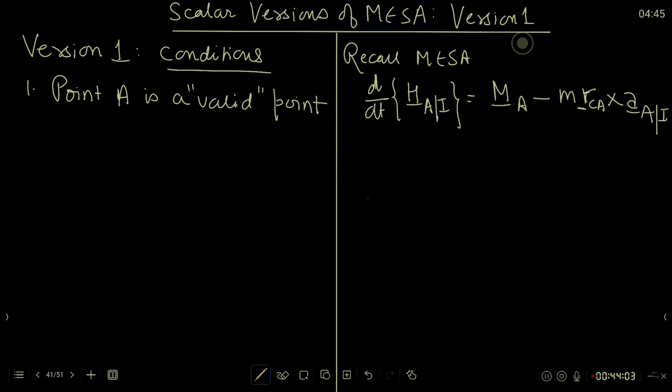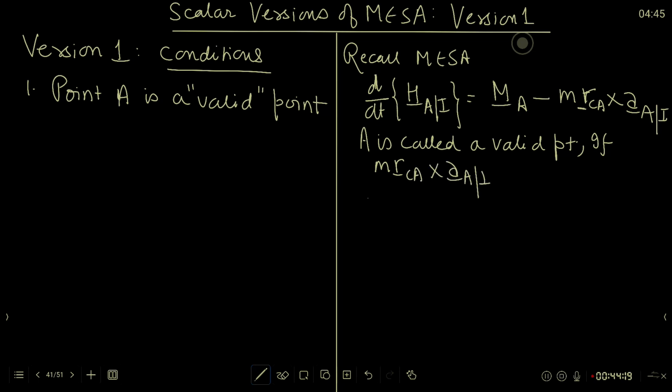A is called a valid point if the extra term is 0.